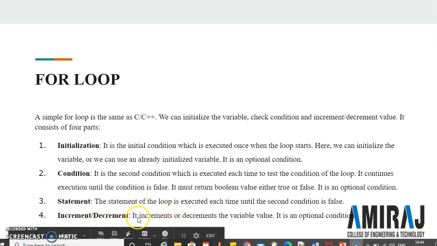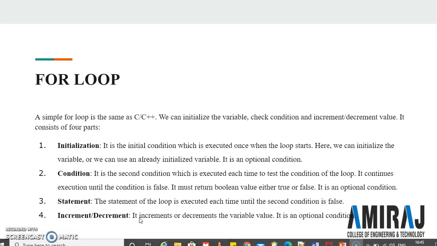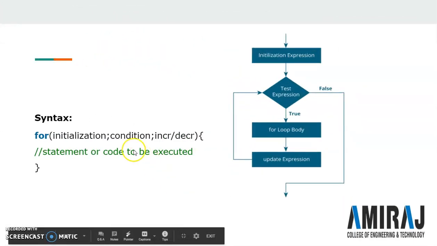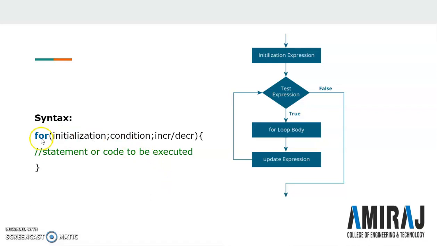And increment and decrement increments or decrements the variable value. Syntax of for loop: first the initial condition, meaning initialization, second our condition, and after that increment or decrement, and statements or code to be executed.